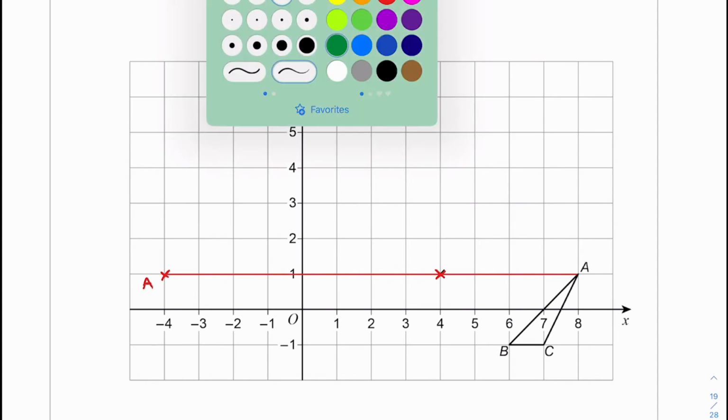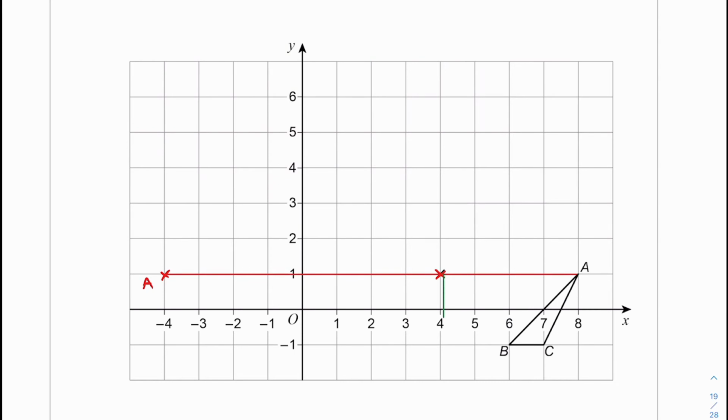We're then going to do the same for our point B, so we've moved down 2 and across 2, so we're now going to move up 4 and across in the other direction 4, so 2 and 4, and this is our point B. And then for our point C, we've moved down 2 and then we've gone across 3, so now we're going to go up 4 and across 6, so 2, 4 and 6.